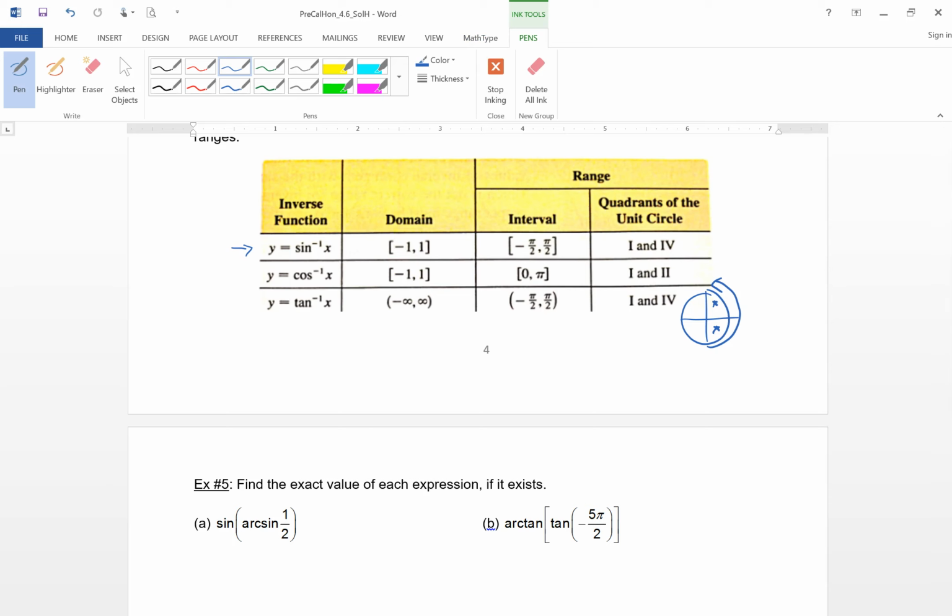I'll take a look at it. Let me see. It says the inverse tangent function is restricted to this domain. So from this domain, we take the inverse tangent, which then becomes that. But this isn't the domain restriction. That's the domain restriction of the regular tangent, which then becomes the inverse tangent range.